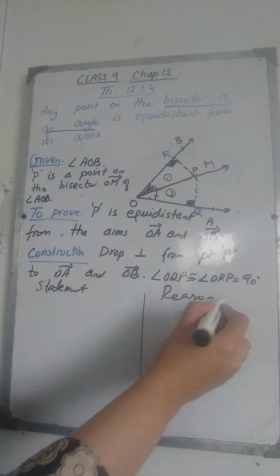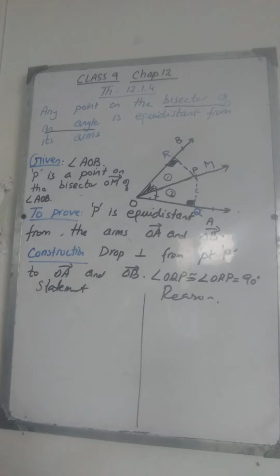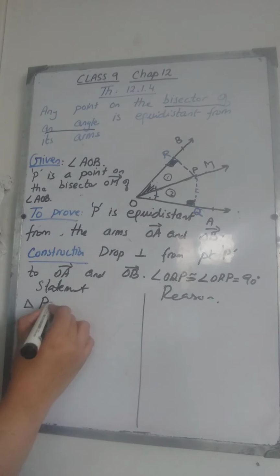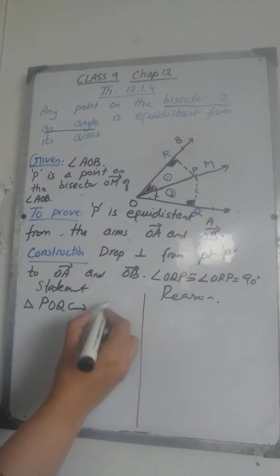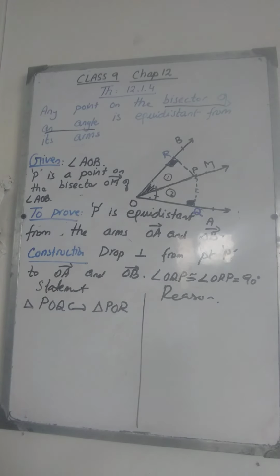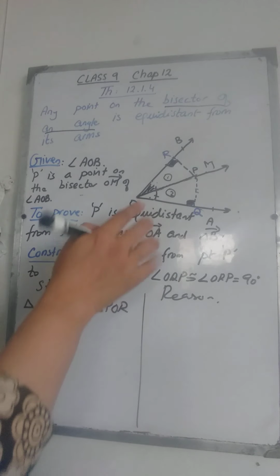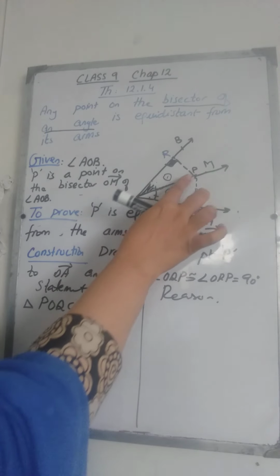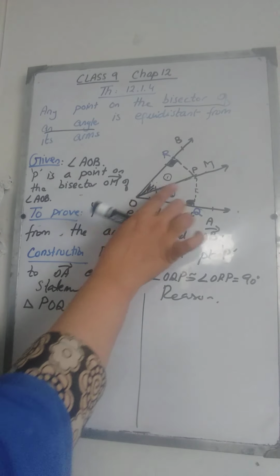We have statements and we have reasons here. Now we will take the correspondence of triangle POQ. Triangle POQ corresponds to triangle POR. In these two triangles, one side OP is congruent to OP.